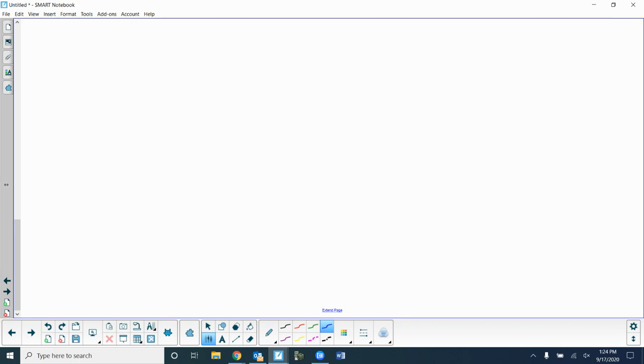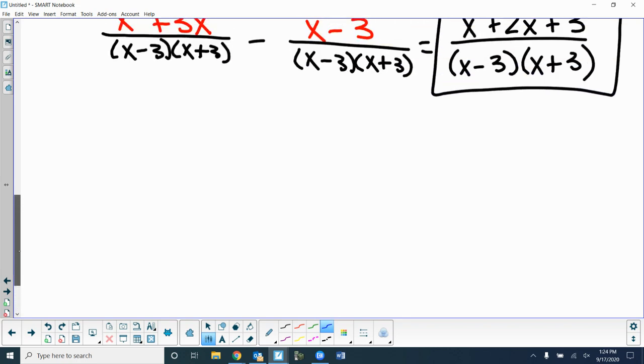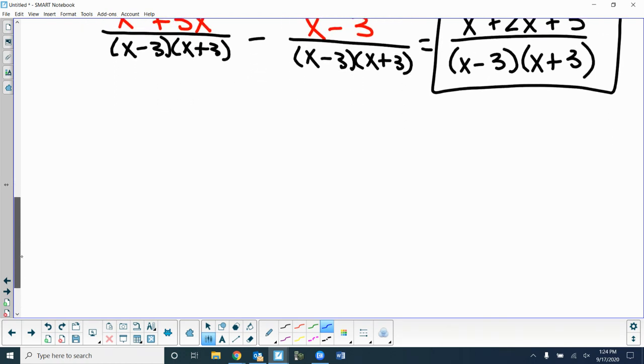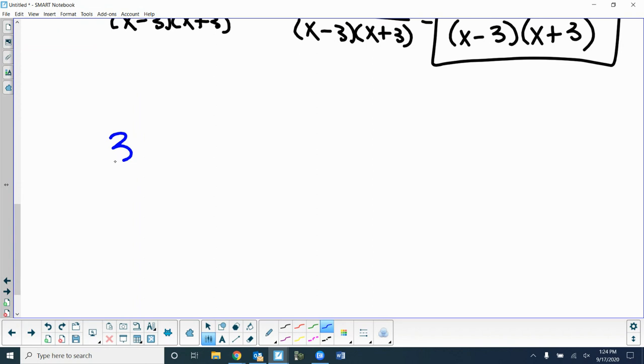What if you had this, if that was one of your numerators or denominators? What should we do? Right order.